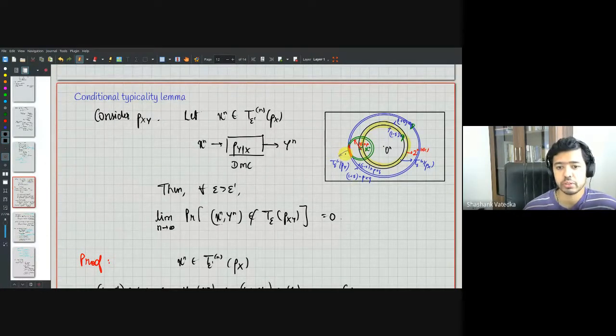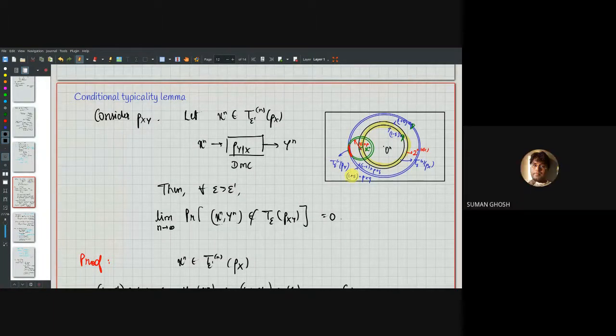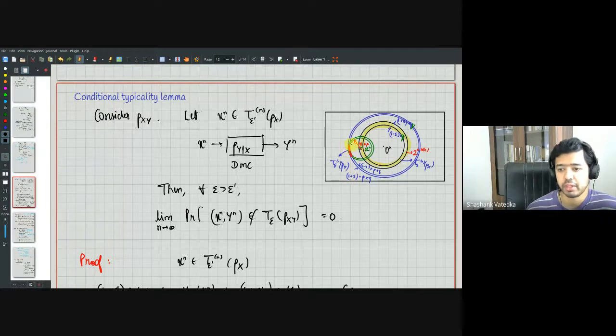Now you want to know the probability that yn and xn are jointly typical with respect to each other. In other words, if I draw yn from this shell, what is the probability that it will lie in this particular red region over here? This probability will be very, very small. In fact, the exact probability will be 2 to the minus n times the mutual information between x and y, and that is exactly what the joint typicality lemma is telling us.